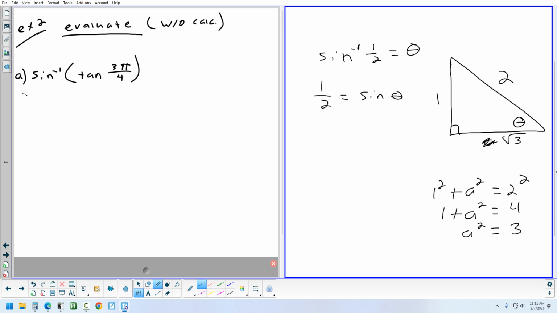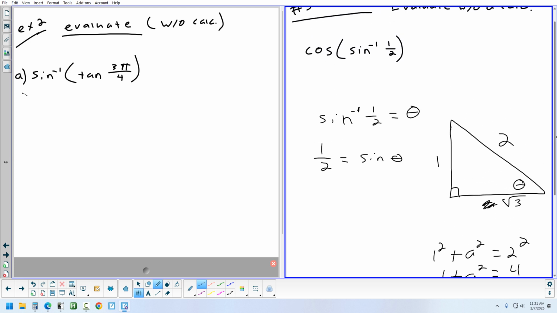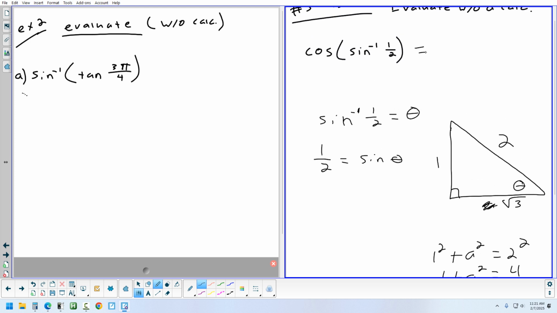So now let's go back up to the original problem. In the diagram that we just drew, they want to know the what? The cosine. Cosine is what over what? Adjacent over hypotenuse.